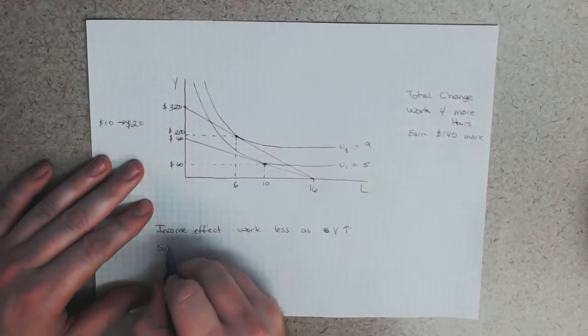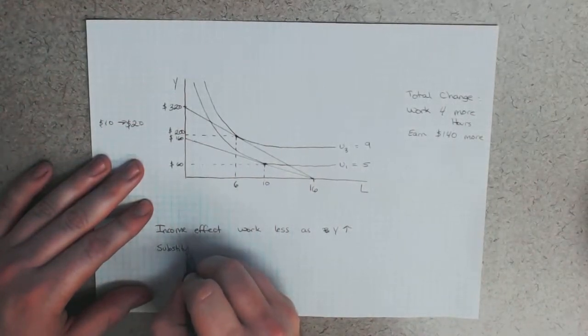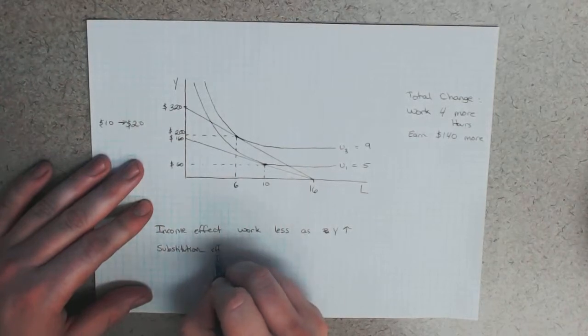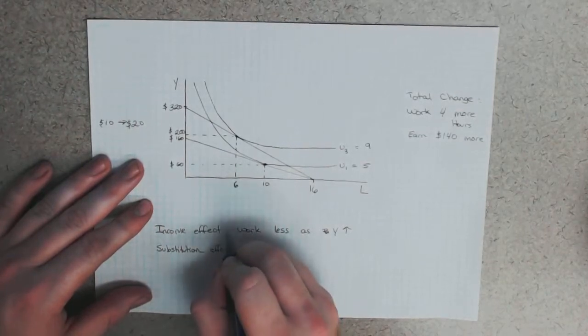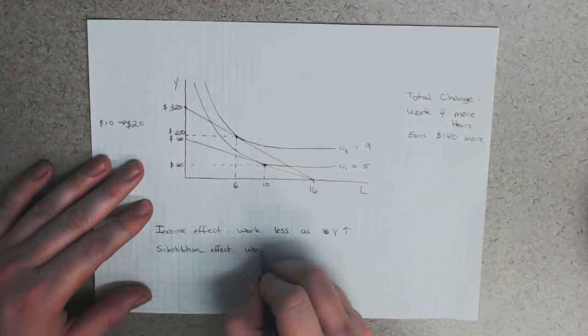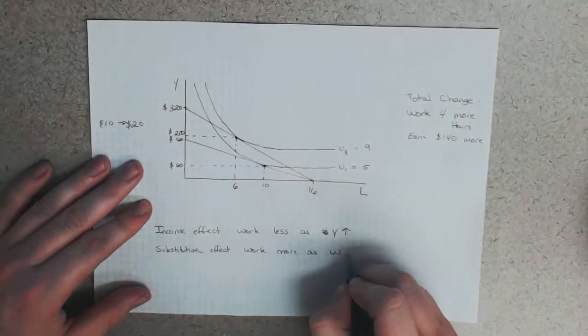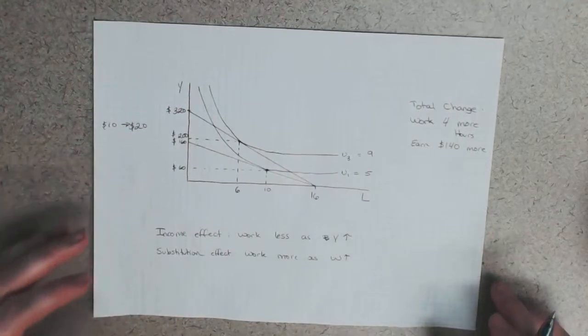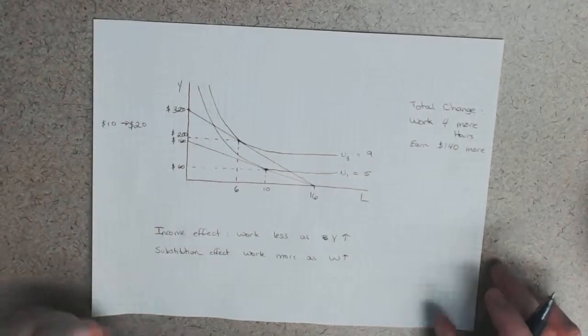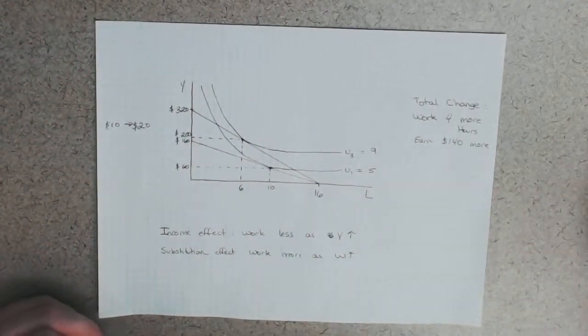And the substitution effect says that we work more as W increases. And we're concerned with which one dominates.